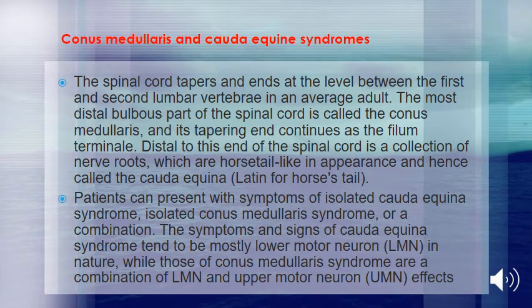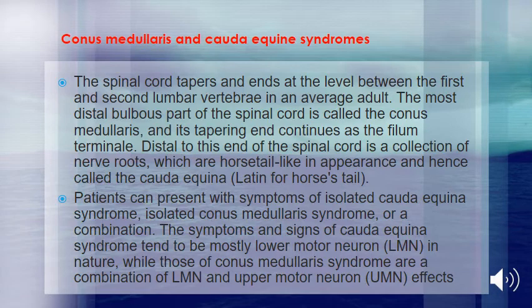As we said at the beginning of the lecture, the spinal cord ends at the level of the L1, L2 lumbar vertebrae, with a bulbous part of the spinal cord called the conus medullaris. From the conus medullaris comes a collection of nerve roots which are horsetail-like in appearance, and this is called the cauda equina.